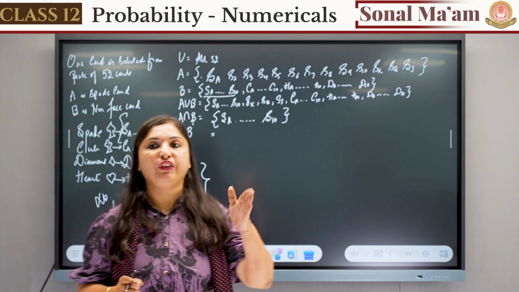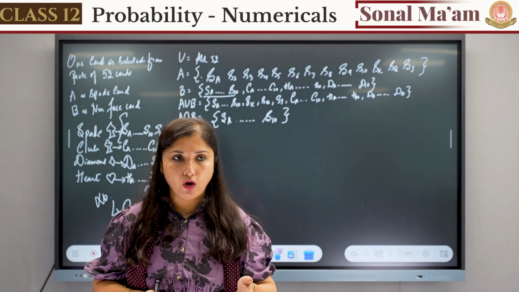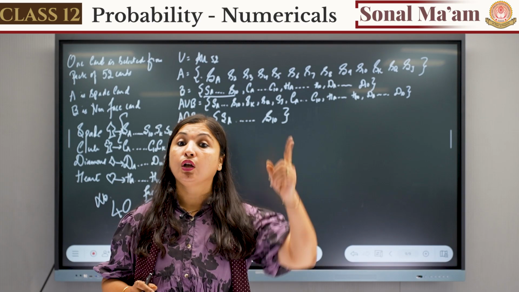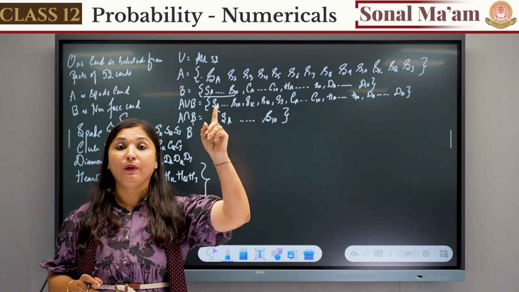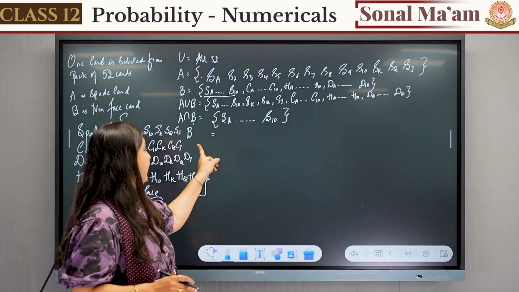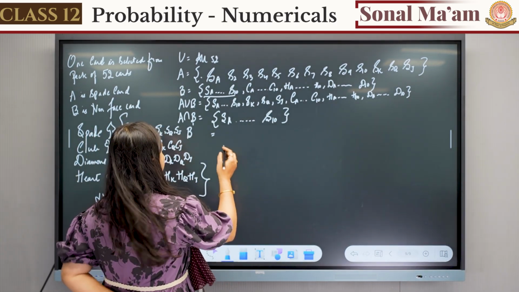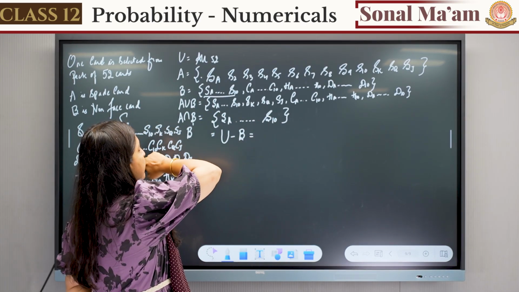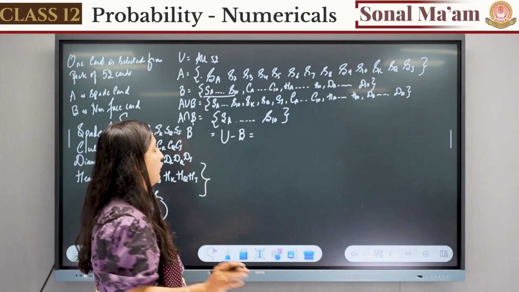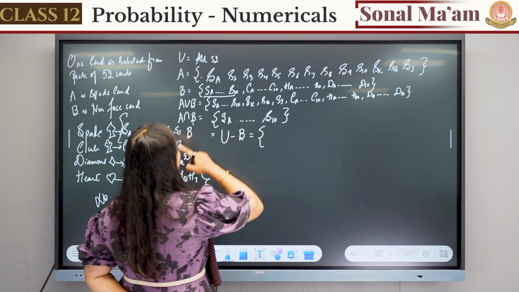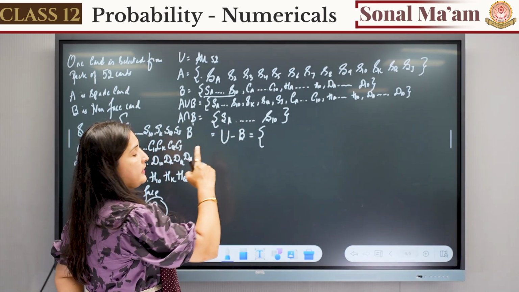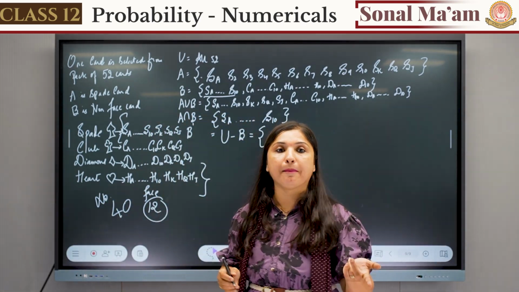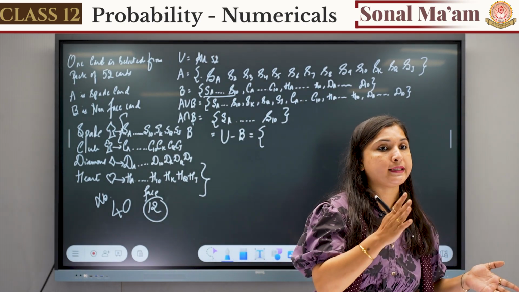If we don't want B, we have to remove B, but from where? From U. It is only B complement, nothing else is there with it. So we have to remove U minus B. From whatever is in U, remove the B portion. What was B? SA, CA, all the number cards. So what is left with us? All the face cards.